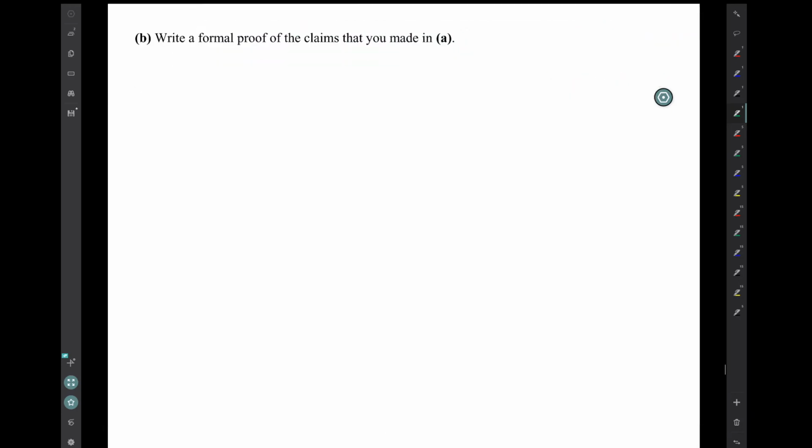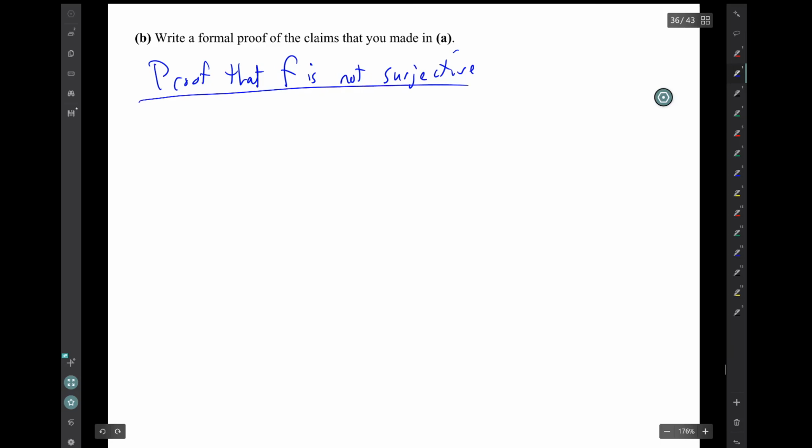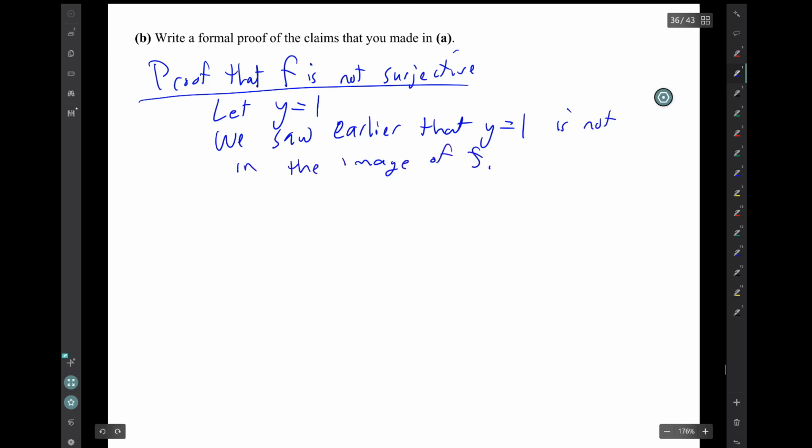How do we prove that f is not surjective? Well, let's let y equal 1. Notice that that is not in the image of f. So f is not surjective. There is no x value that will cause y equals 1 to come out.